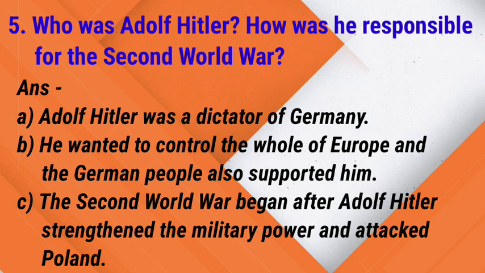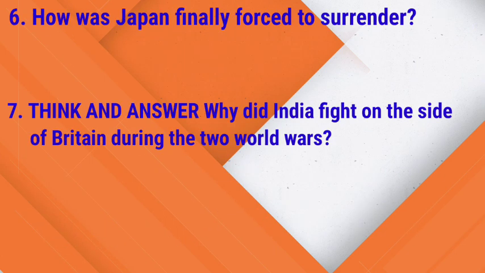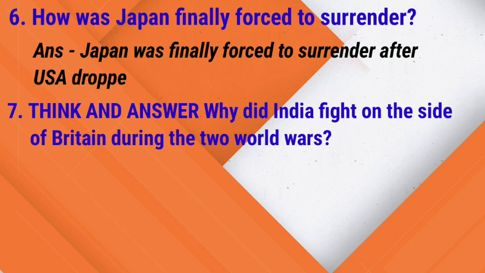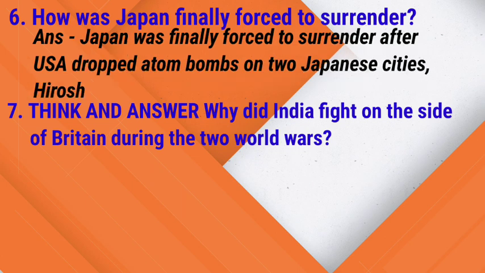C. The Second World War began after Adolf Hitler strengthened the military power and attacked Poland. 6. How was Japan finally forced to surrender? Answer. Japan was finally forced to surrender after USA dropped atom bombs on two Japanese cities, Hiroshima and Nagasaki.